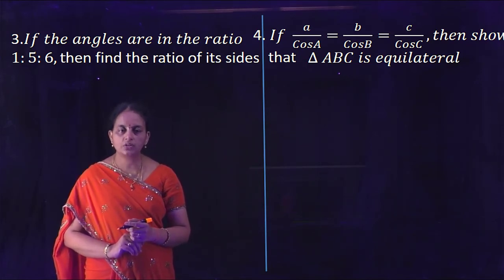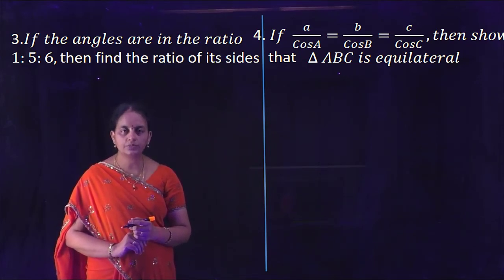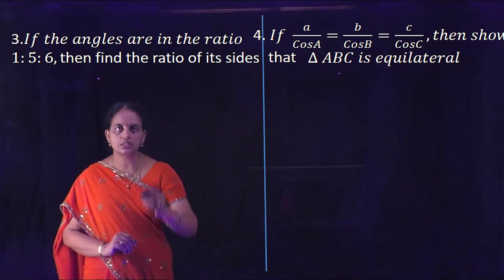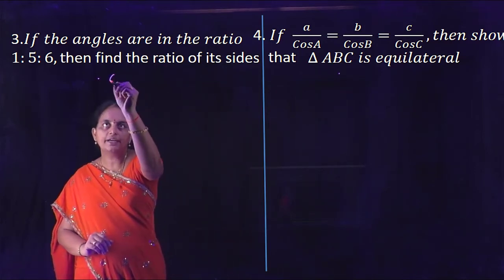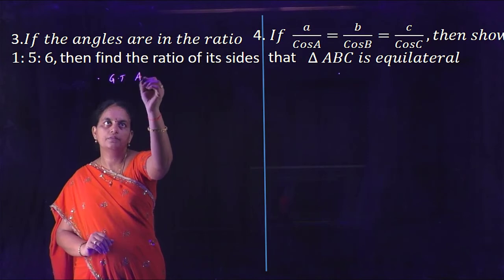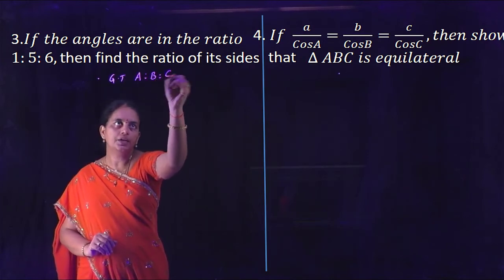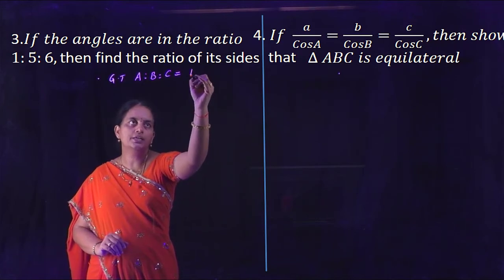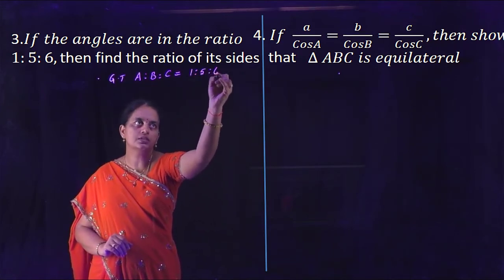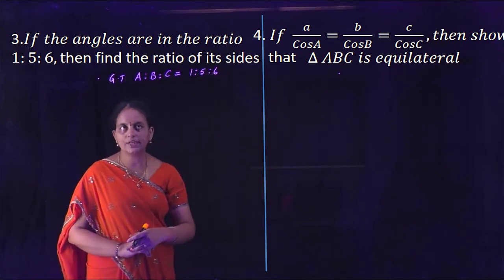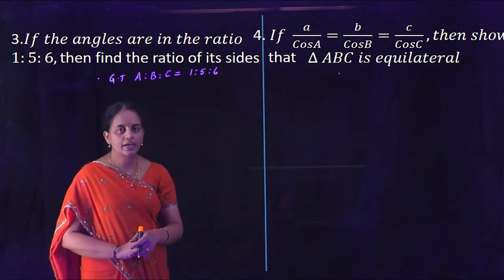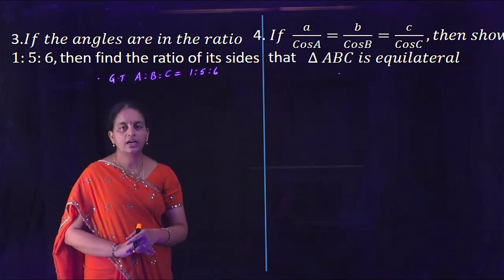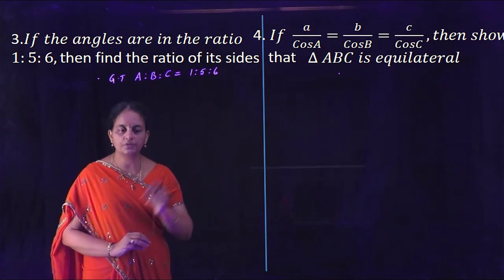We denote the angles as capital A, capital B, capital C. So we can write angle A is to angle B is to angle C is equal to 1:5:6. Here the angles are denoted by capital A, capital B, capital C, and we are given that the angles are in the ratio 1:5:6.